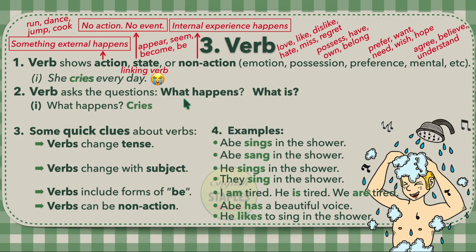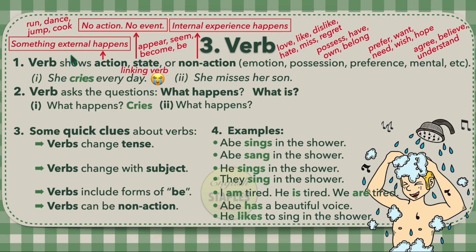Let's look at another sentence. She misses her son. That's the reason why she cries. Is there an action here? What happens? Is there something external happening here? Is there an external action? Is there no action? Or is there an internal experience happening?